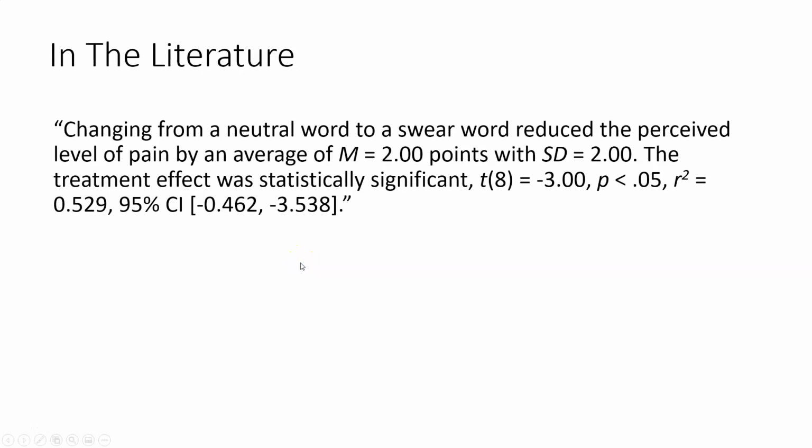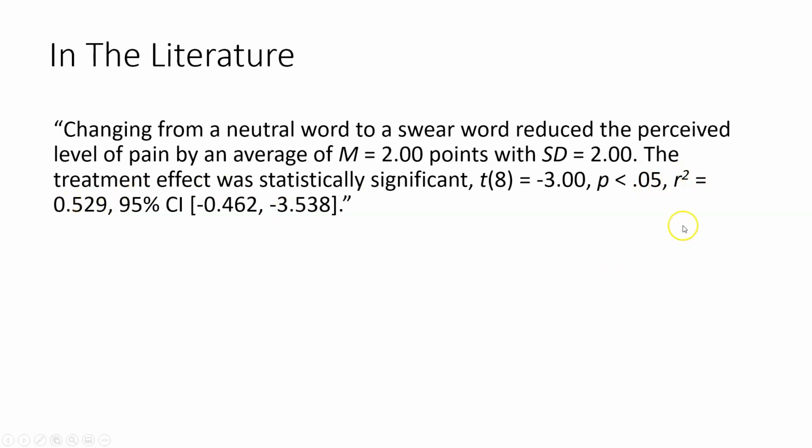In the literature, we would always write up a sentence to describe what we found. It might say something like this. Changing from a neutral word to a swear word reduced the perceived level of pain by an average of 2 points with a standard deviation of 2. The treatment effect was statistically significant, t with degrees of freedom in parentheses equals -3, p less than 0.05, r squared equals 0.529.